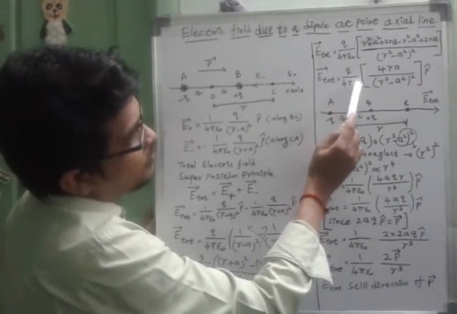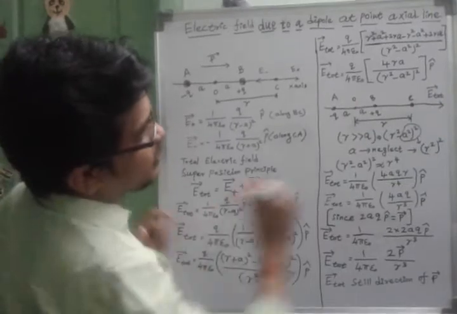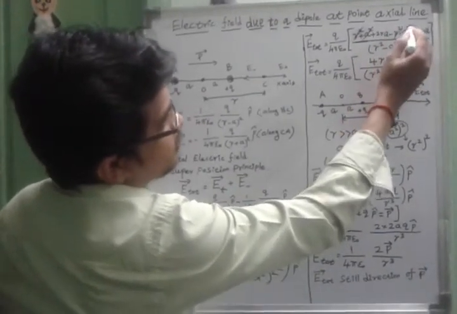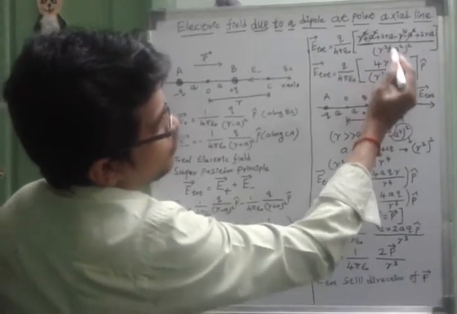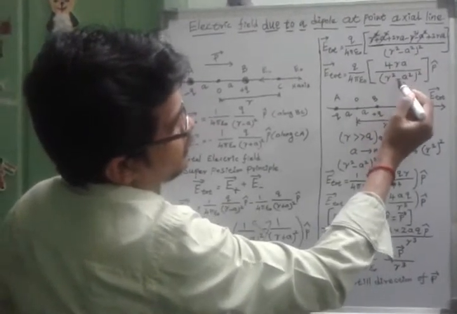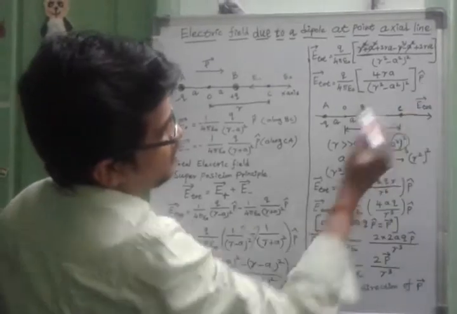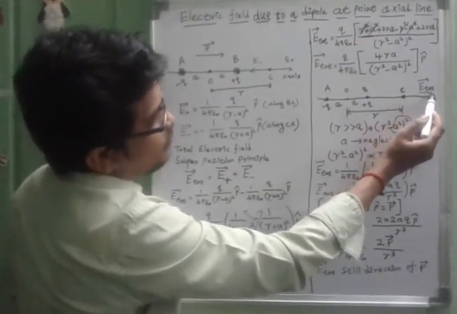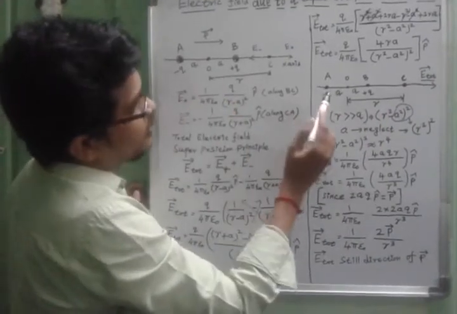The r square terms cancel and the a square terms cancel, leaving 2ra plus 2ra, which is 4ra, over (r square minus a square) the whole square, p cap.